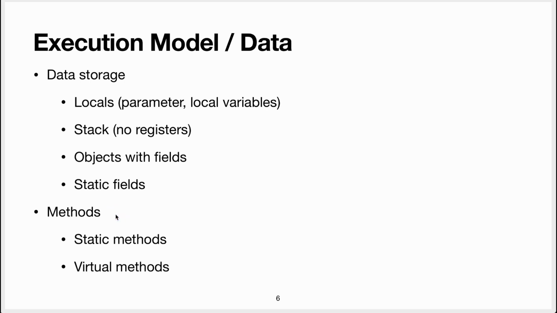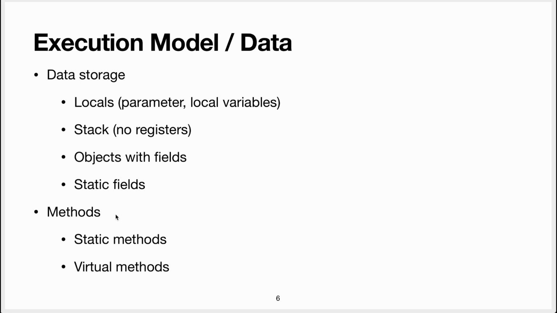For methods, any kind of code that we're going to run is going to be within a method. And there are two kinds of methods: static methods, again class specific, and virtual methods, for which you need an object. There needs to be a this value. The big difference between static methods and virtual methods is that for a static method, you don't need to look up the method that you're going to call.